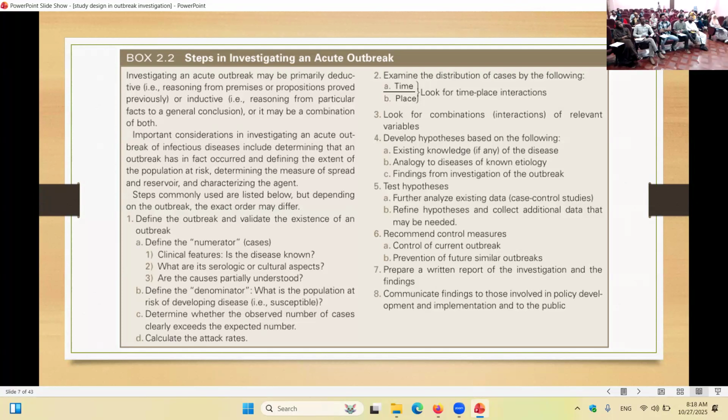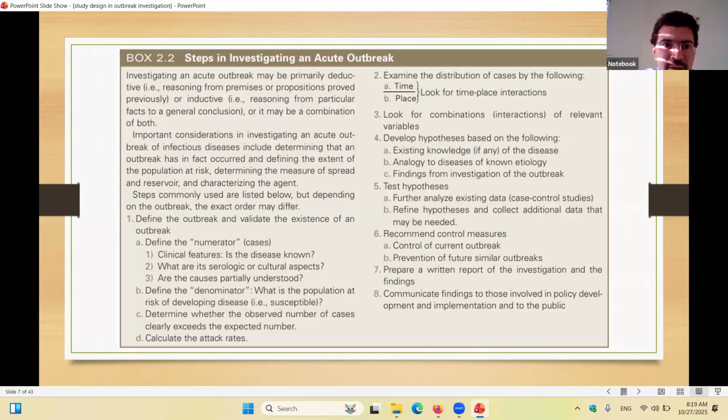Is the title of the table Steps in Investigation of an Acute Outbreak? Yes, yes. So we are all set and we are able to see the topics. So go on. Okay, okay. I could not see, but you can see.